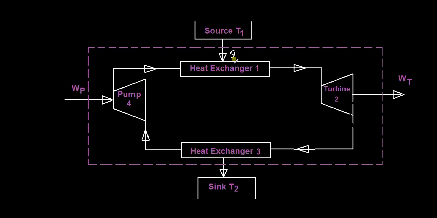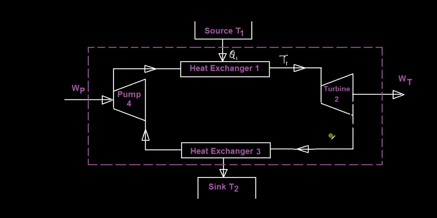So a heat transfer of Q1 happens here, and the heat exchanger delivers a working fluid at a temperature of T1 to the turbine here that produces turbine work from the temperature and pressure of this working fluid, and thereby the temperature of the working fluid changes to T2 here.